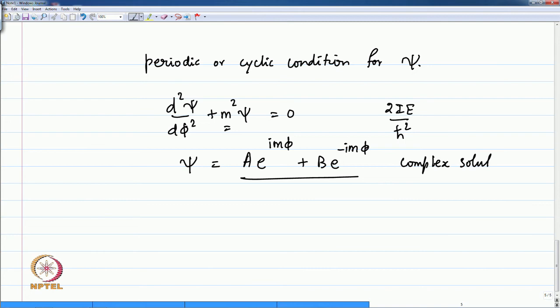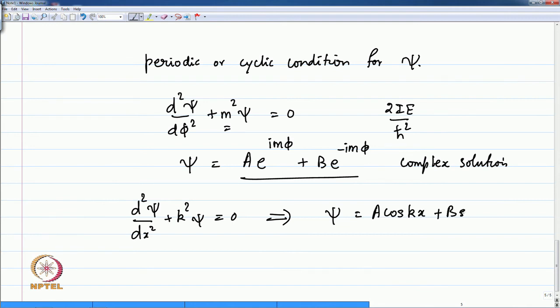You also remember that a similar equation for the particle in a one dimensional box, d square psi by dx square plus k square psi is equal to 0, was given a solution psi is equal to A cos k x plus B sin k x. We did not use the general complex solutions here.